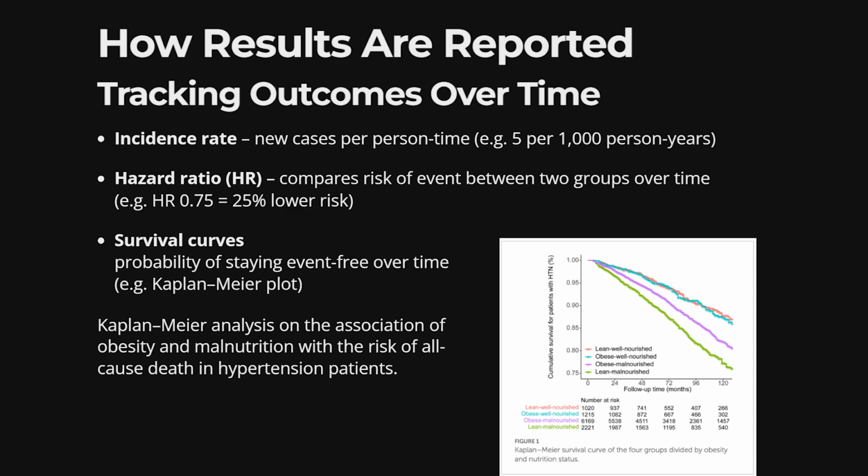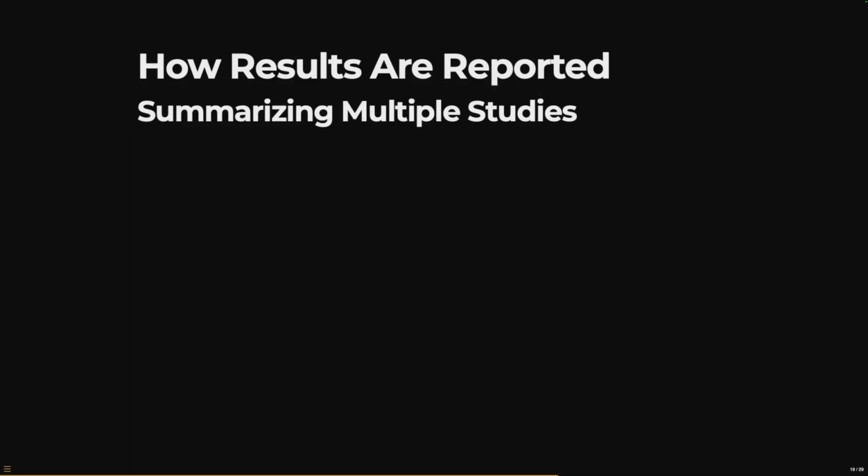Right. Okay. Right. And then the last bit is just about summarizing multiple studies, what metrics we use for that, the meta-analysis type studies. And one common one is a standardized mean difference, which is just because often the studies are looking at different scales in whatever metrics they looked at.